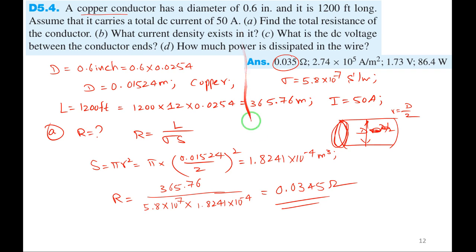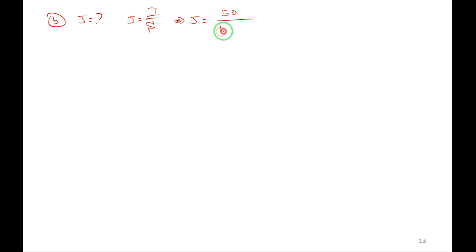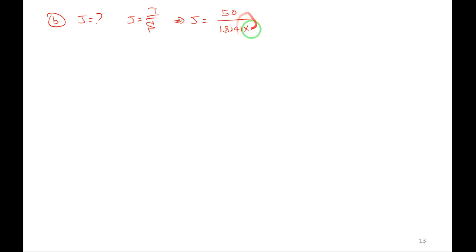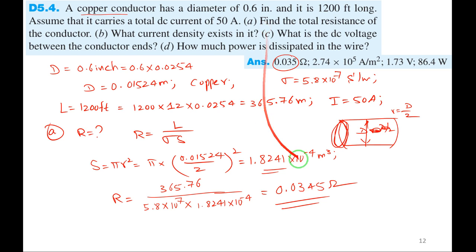Yes, surface area, the one we have calculated here. We'll take up this previous 1.8241. Already we calculated pi r square, right? So no need to calculate once again. Into 10 power minus 4. Yes, it's correct.